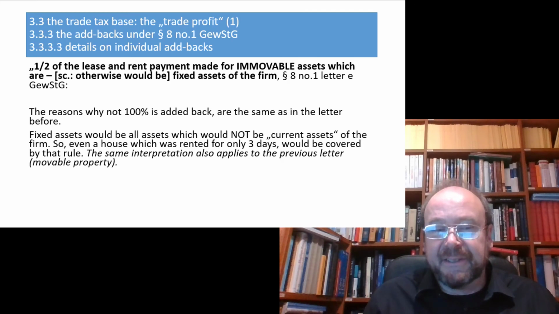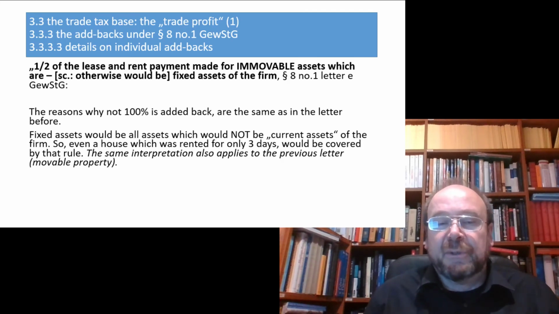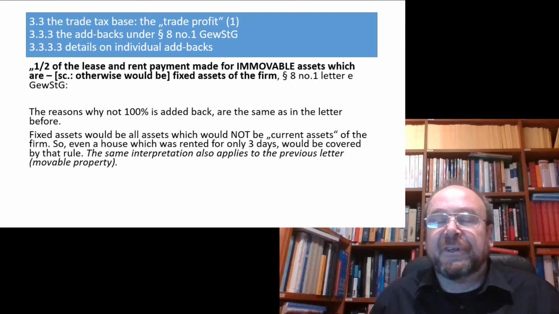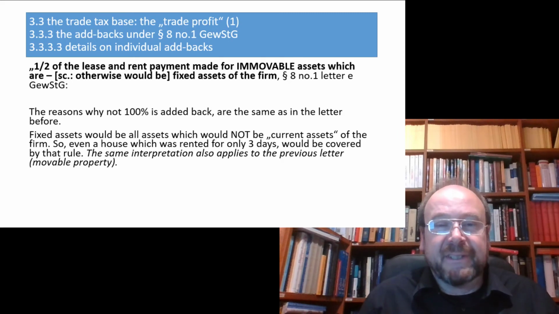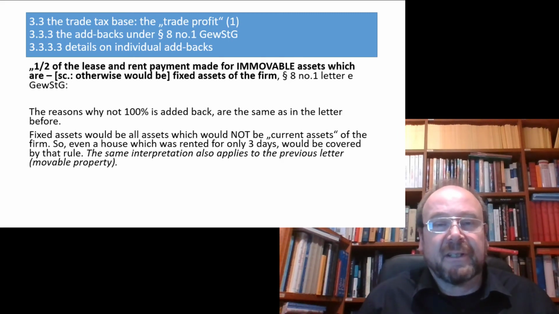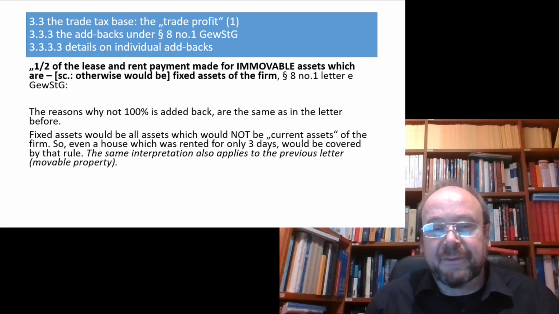That is the idea. So even a house which you rented for only 3 days would be covered by that rule, because if you just rent a house for 3 days and you do not intend to sell the house, it would not be current property if you bought it, bought fixed property. And so you should not look to the time, but look to the character of the asset which has been bought.